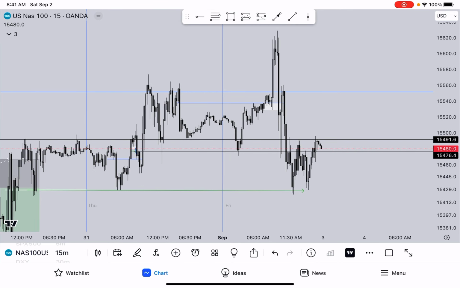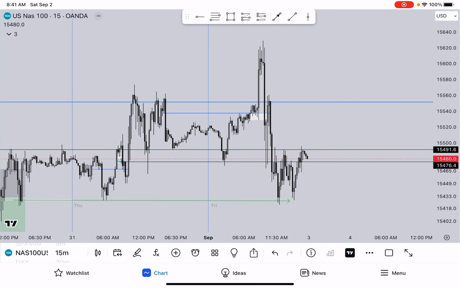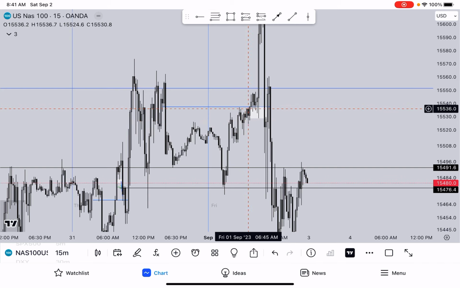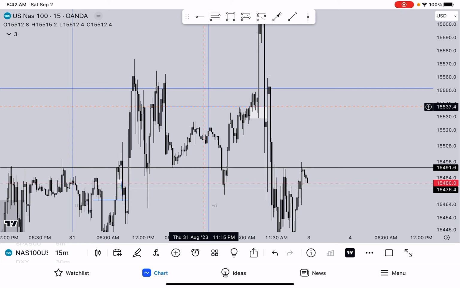So here I took another trade within this area. Price pushed up. Started to play around a bit. I saw this fair value gap, the order block, so I took a trade. Reason being is because this whole area here was respecting the fair value gap.